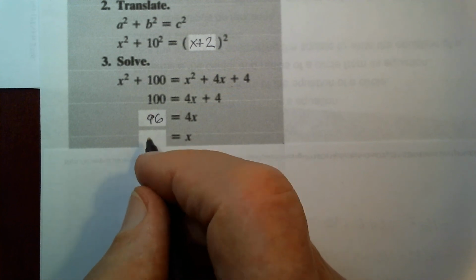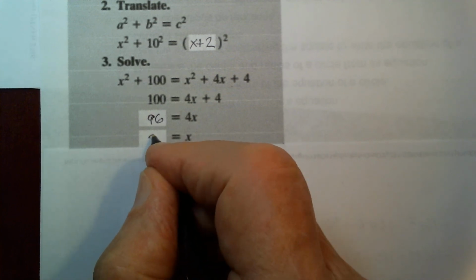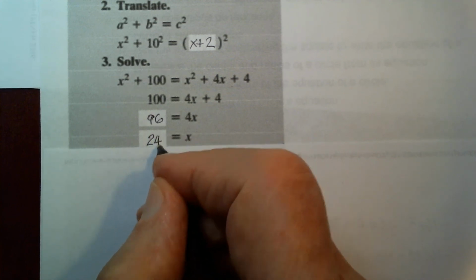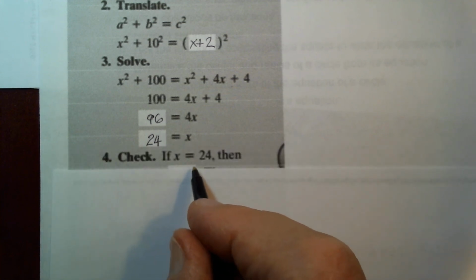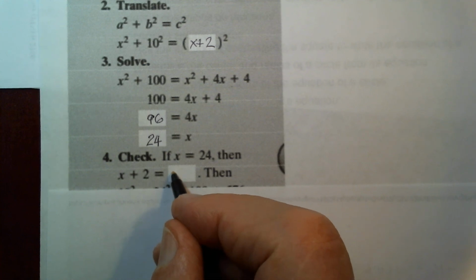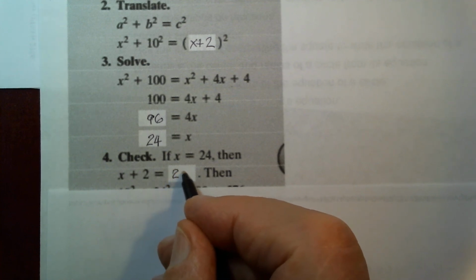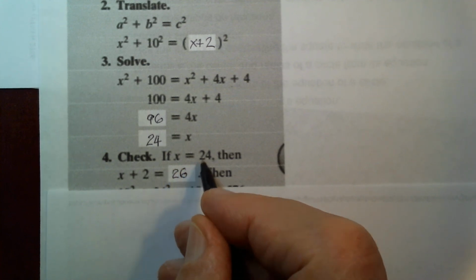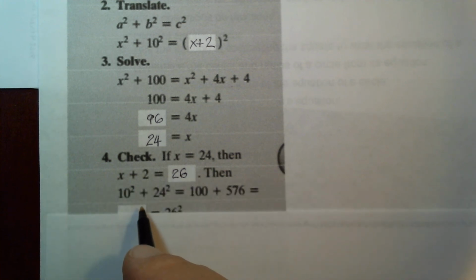So then x equals 24 centimeters. So if x equals 24, then x plus 2 is 26, 2 more than 24.